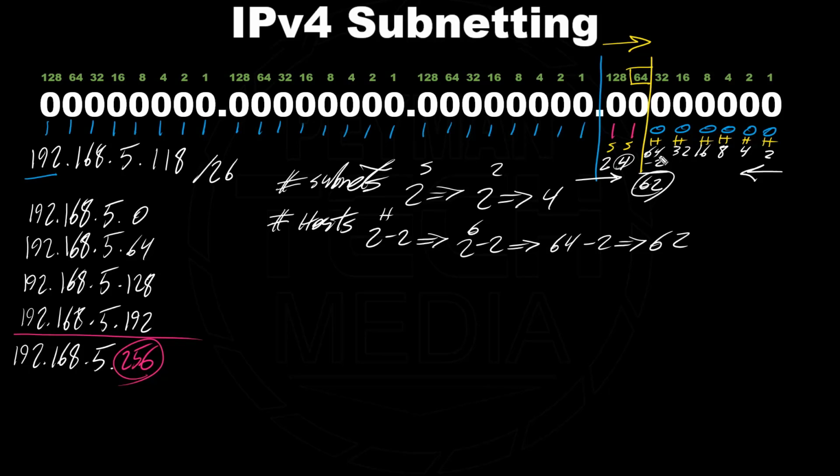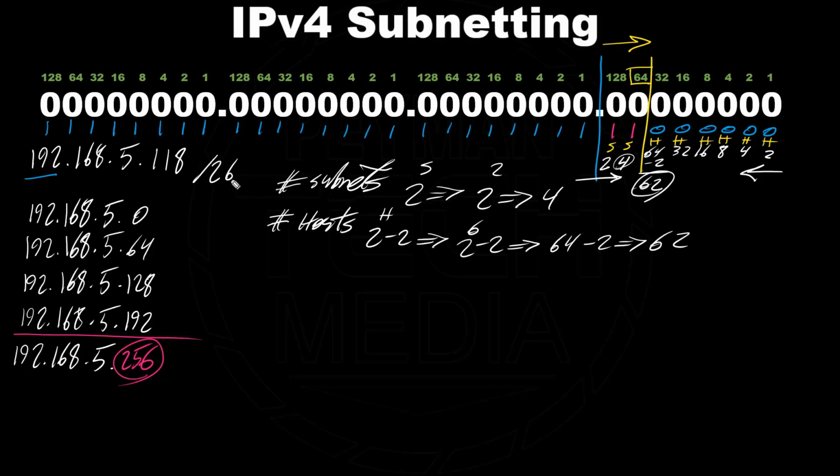We cannot use them to assign to the computers or network devices. They are reserved for the network address and the broadcast address, which is used by routers, routing protocols, applications, all that. So here we will have, again, 4 subnets, each subnet with 62 available IP addresses when we talk about the CIDR notation of 26.